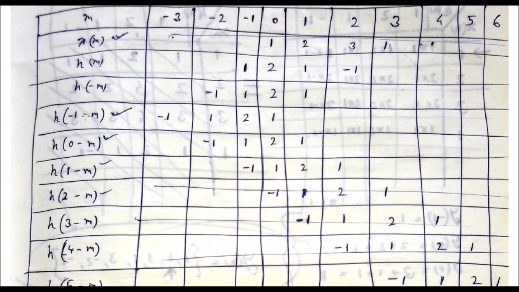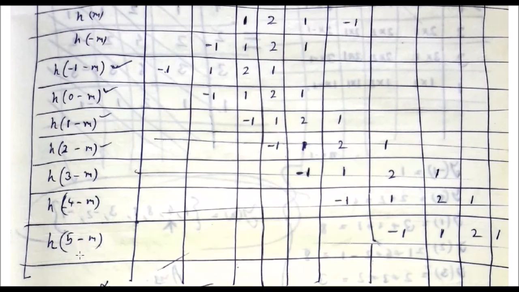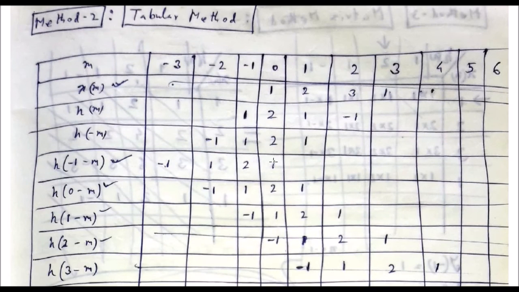After that, you have to write all shifted versions starting from n equal to -1 up to n equal to 5: -1, 0, 1, 2, 3, 4, 5. For all the shifts which you have already obtained in the graphical method, you have to write in this particular table. Suppose I am writing h of -1 minus m.